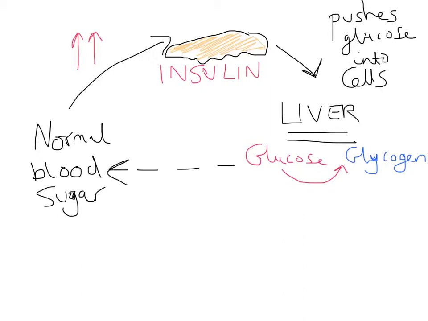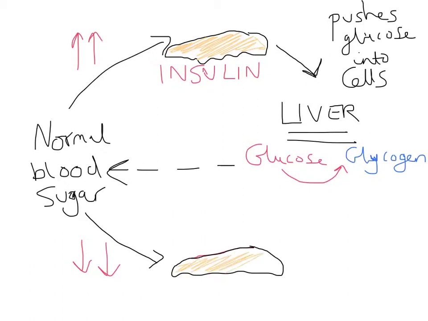Now conversely, if for example we skip a meal and our blood sugar goes lower, or we are doing vigorous exercise and we've used up a lot of our glucose stores in respiration, so if our blood sugar this time decreases, then instead our pancreas, just for completeness' sake, another rough sketch of the pancreas, will not produce insulin.